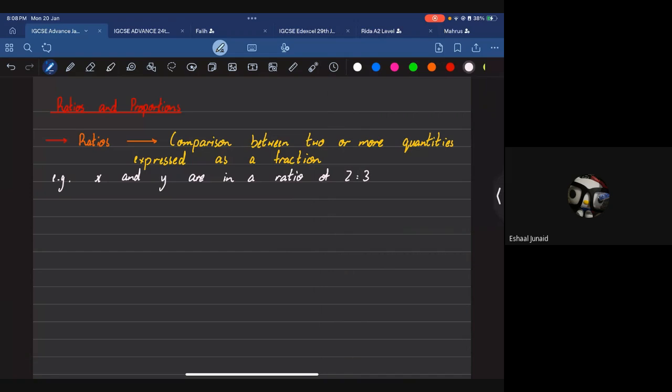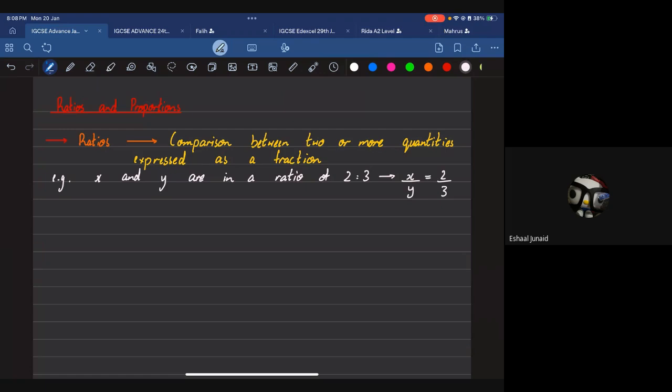Now, if x and y are in a ratio of 2:3, I can simply express them as x over y as well. So ratios can be expressed as fractions of each other. They are going to be mainly expressed as fractions.